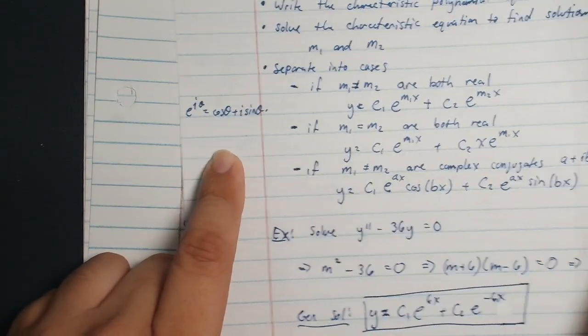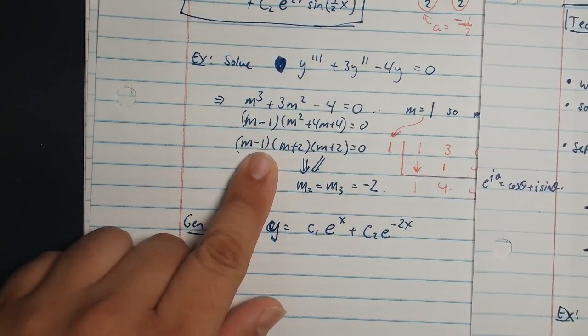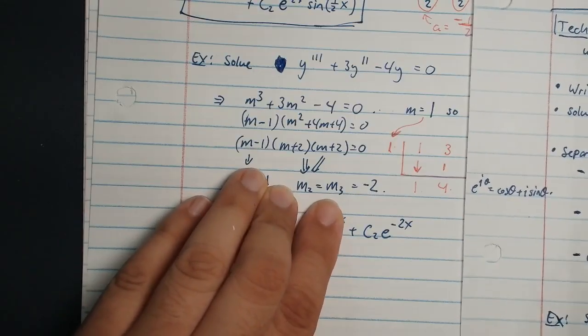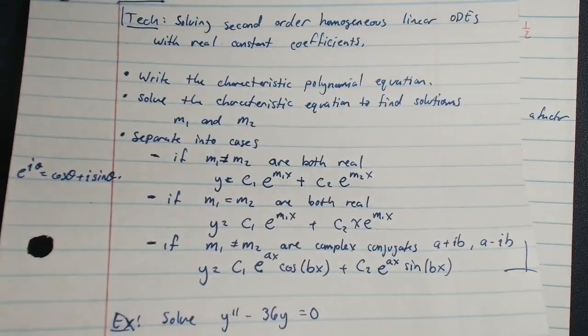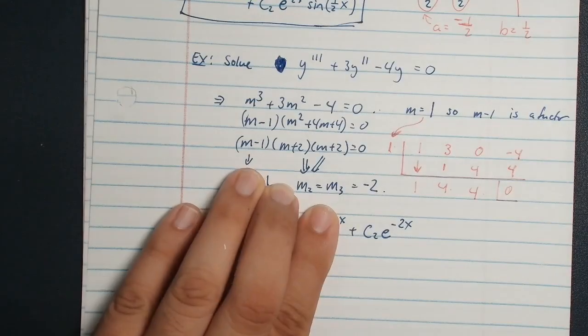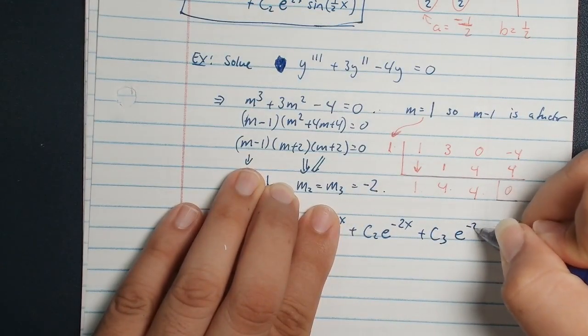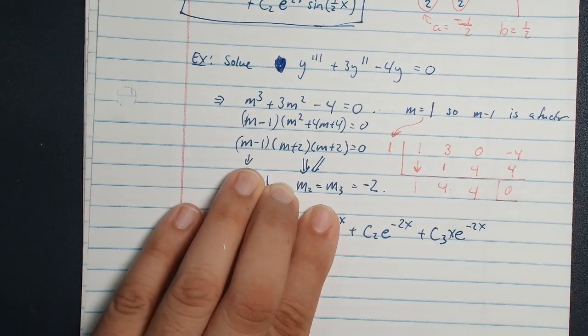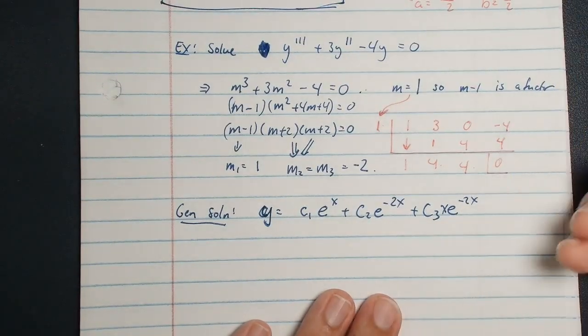So in that case, we're basically going to pretend m1 doesn't exist, and with just m2 and m3, we already have m2 right here, c2 e to the minus 2x. For m3, we're going to get the exact same result, but times an x. So here we're going to say plus c3 e to the minus 2x, but then times an x. And there we go. We basically have our solution done pairwise.